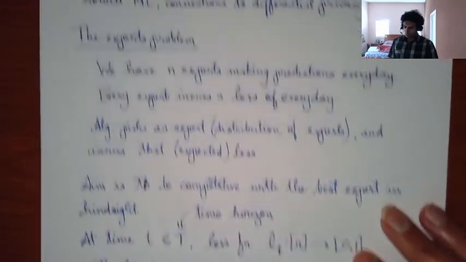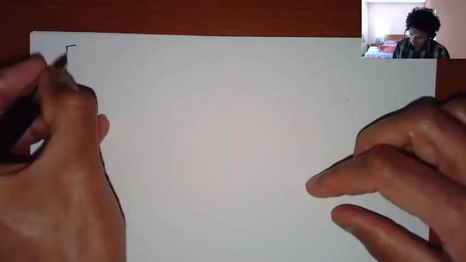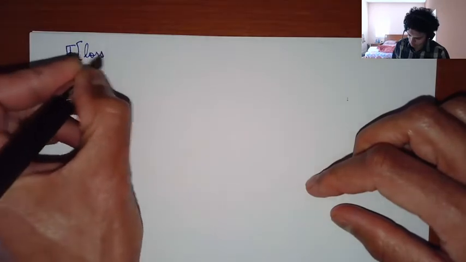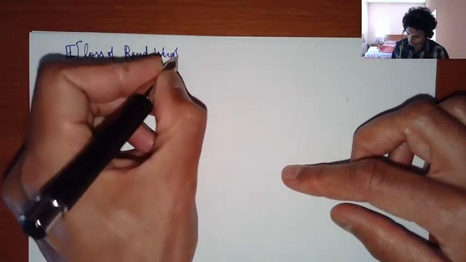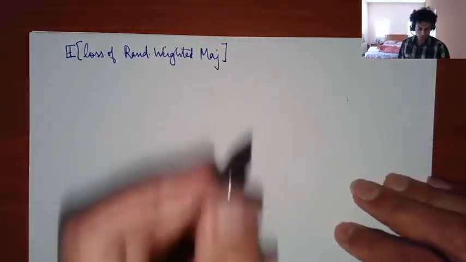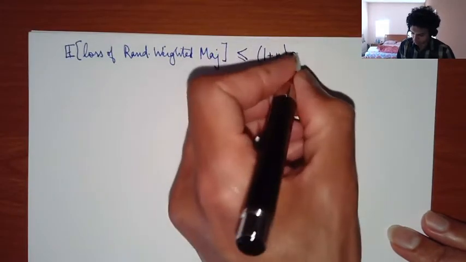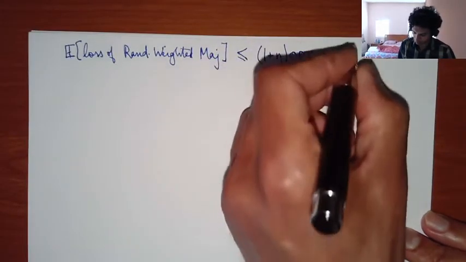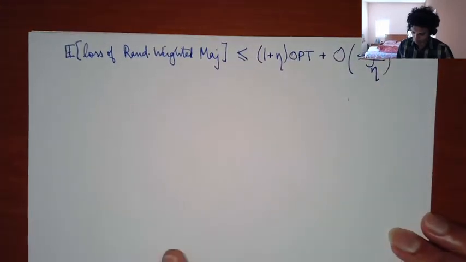Now, we discussed an algorithm for this problem, which was the randomized weighted majority. And we showed that the expected loss of randomized weighted majority was, you could basically set a parameter eta and you would get something like O of log n divided by eta.